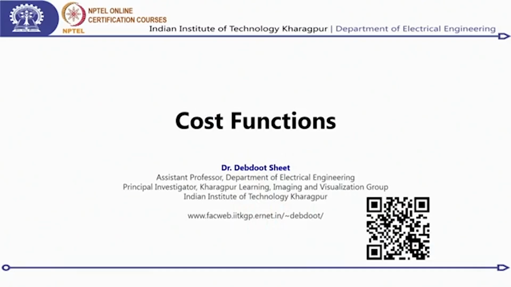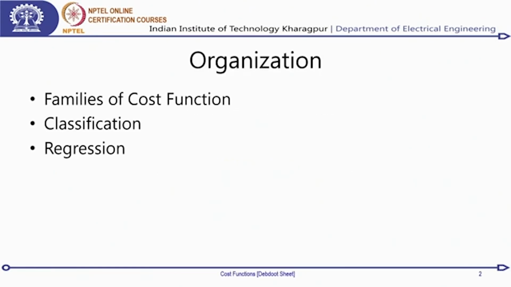So, without much delay, let us get into the topic called cost functions. Typically cost functions are grouped into two broad families: either they are used for classification, or they are used for regression kinds of problems.